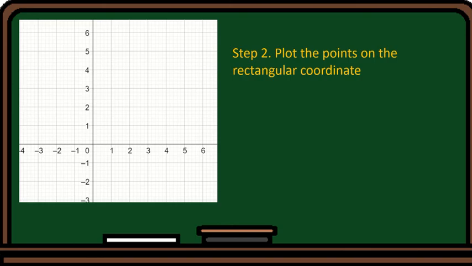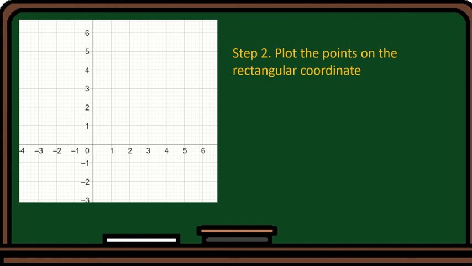Okay. Now, earlier we solved, so let's now put the points on our rectangular coordinate plane. First, we have the ordered pair 3 and 5. So let's plot 3 and 5.